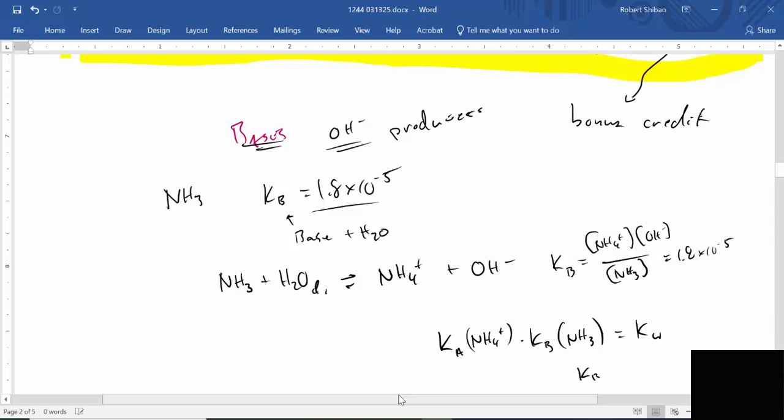So the Kb values are calculated. Kb for ammonia is equal to Kw divided by Ka for ammonium. And so all I do is go to my acid chart and look up the Ka for ammonium and then plug it into this equation, and I'll get 1.8 times 10 to the minus 5. And so the Kb values, they don't need another table. We can easily calculate the Kb values. And that's where this Kb came from.